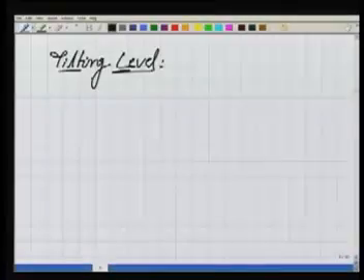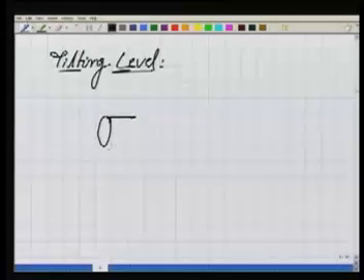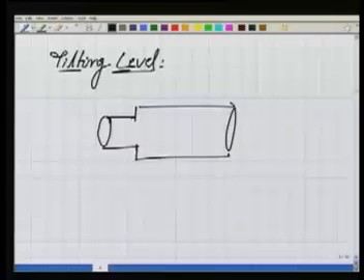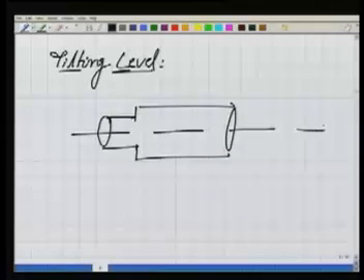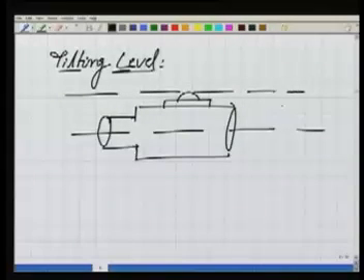Now the second level in the series is the tilting level. What is special about the tilting level? If I draw the line diagram here, this is the eyepiece, telescope, the objective, line of sight. Again we have a bubble tube here with the axis of the bubble tube, and by construction these two are parallel.